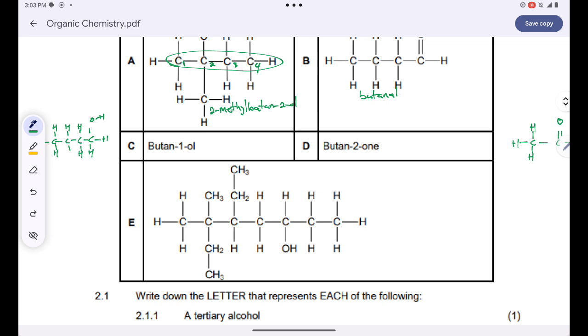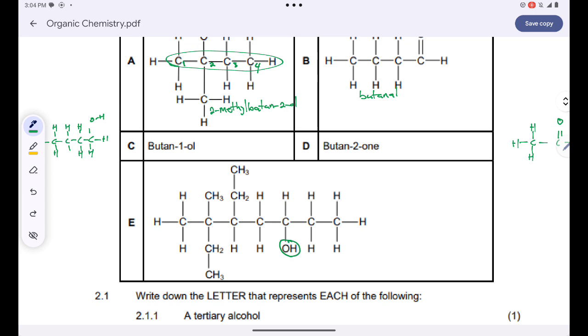And then let's go to compound E. Compound E, I'm dealing with an alcohol. How do I know this is an alcohol? Because I have a hydroxyl group bonded to a carbon. Whenever I name an alcohol, guys, I need to start numbering the carbons from the terminal carbon which is closer to the functional group. And what type of an alcohol is this one?